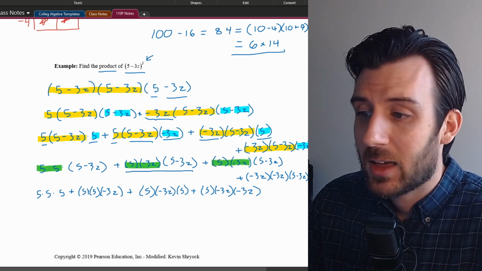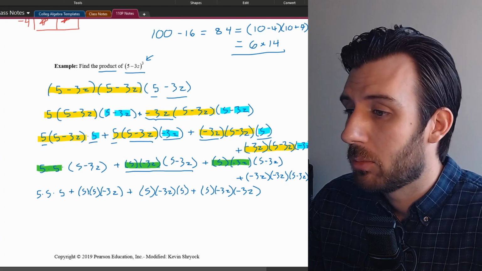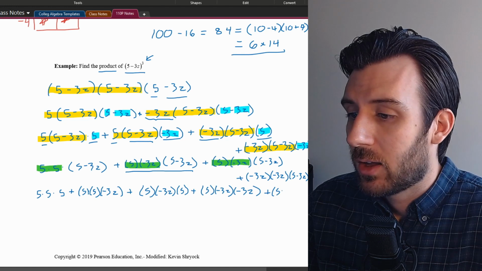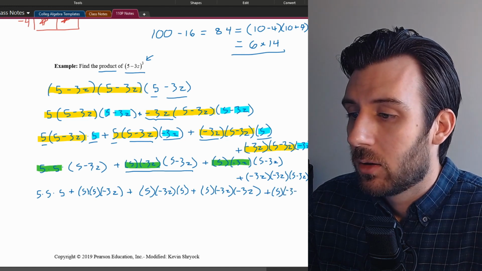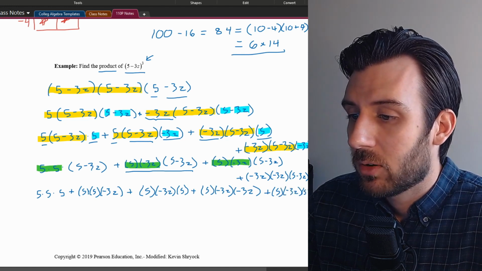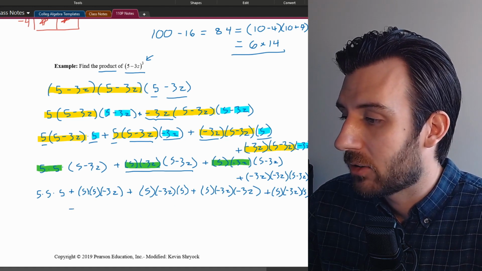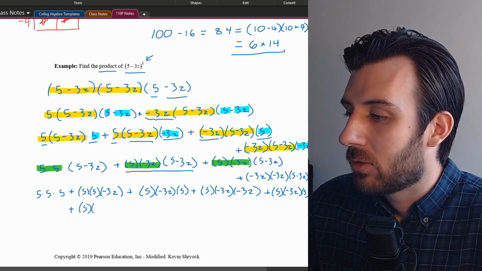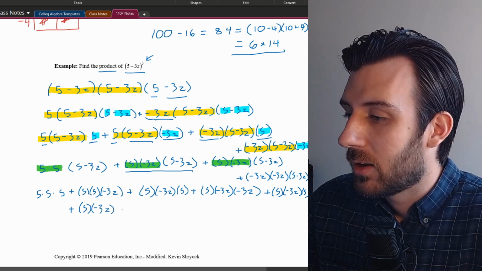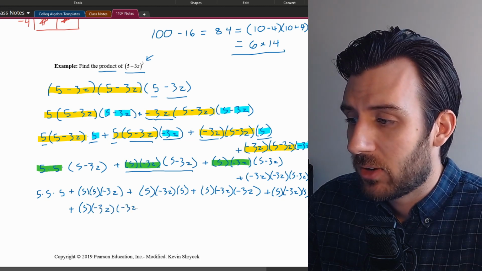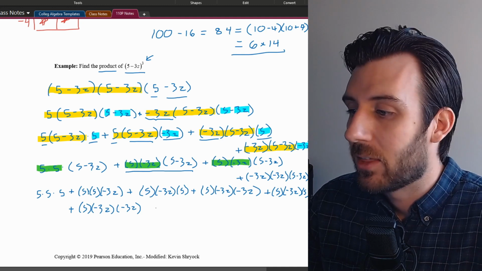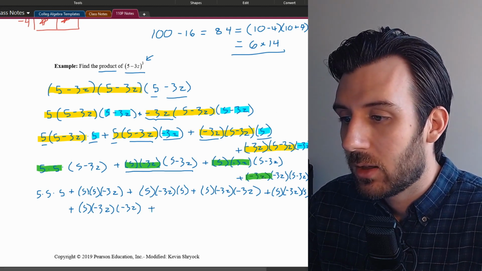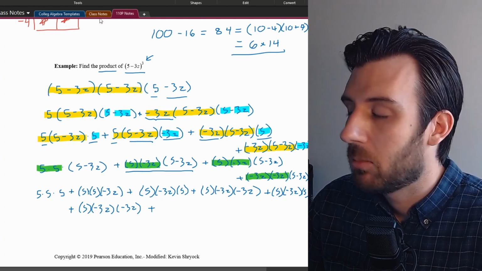I'm going to be multiplying that to some addition and subtraction. So that would be plus 5 times negative 3z times 5 for the first part. I'm going to need to go on the next line, plus 5 times negative 3z times negative 3z for the second part.